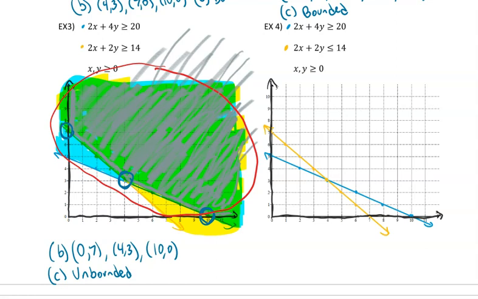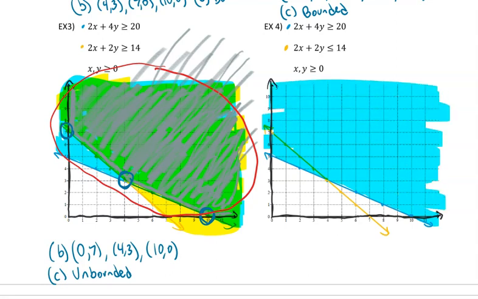All right, let's try the last one. For the last one, for the blue line, it is greater than or equal to 20, so that means above the blue line. So we got that shaded.